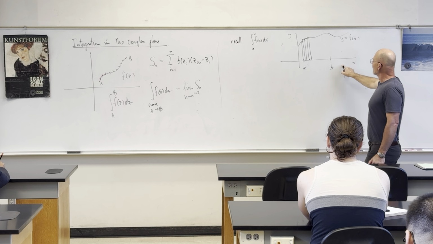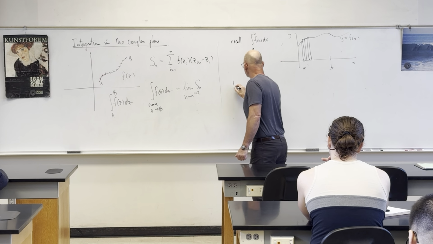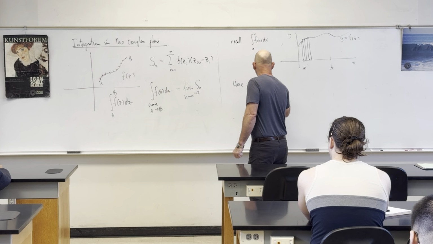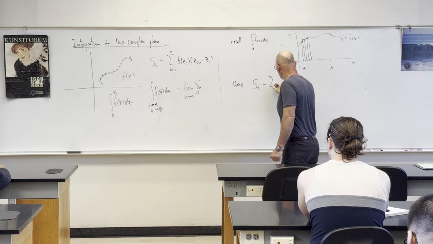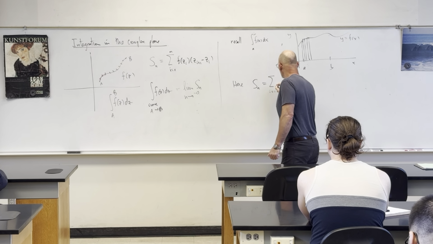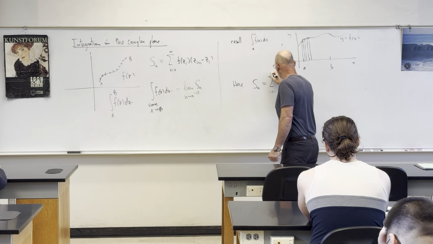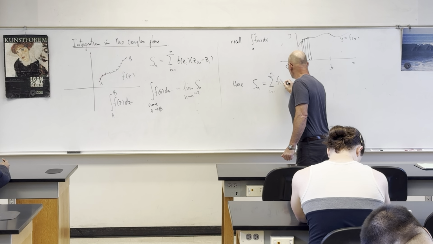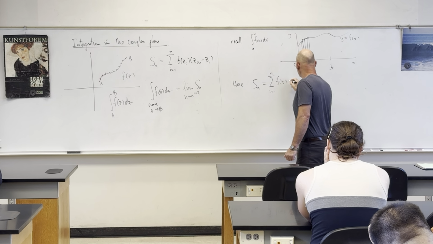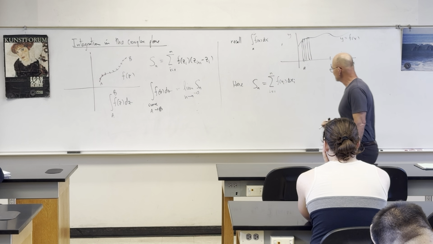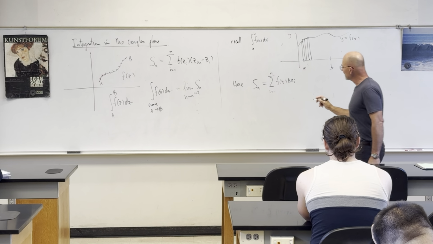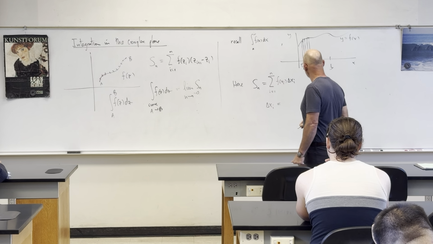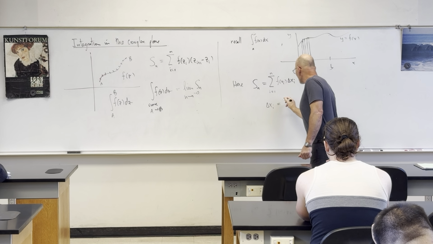Okay? So here we could say this s sub n could have been the sum, i equals 1 to n, of f of x sub i times delta x sub i. Now this time I can define all these things. My delta x sub i, I'm going to make it uniform all the way across there.